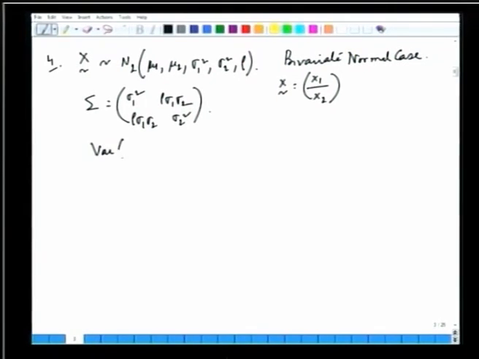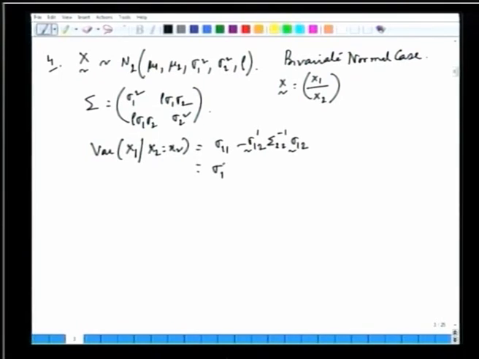What is the variance of x1 conditioned on x2? Well, if I go back to my earlier formula, it is nothing but sigma 1 1 minus sigma 1 2 sigma 2 2 inverse sigma 2 1. Now, in this case, what is this?